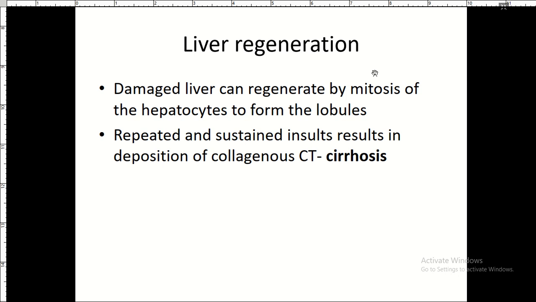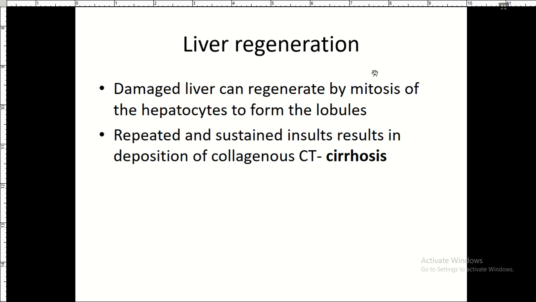Therefore, the stellate cells, remember the stellate cells in the space of Disse, take over and become myofibroblasts. They start to synthesize and secrete collagenous fibers, and they form scar tissue, which leads to fibrosis of the liver. This fibrosis is very dangerous because it is associated with liver cirrhosis, and liver cirrhosis will lead to portal hypertension.